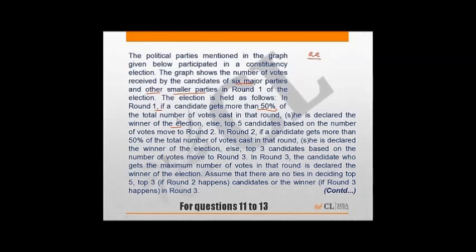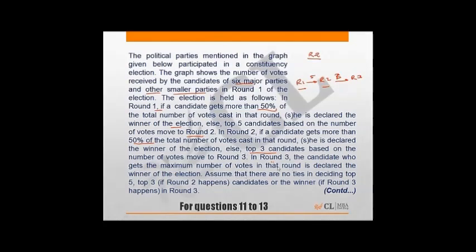Otherwise, top 5 move to the next round. In round 2, again, if you get more than 50%, you win. If no one gets more than 50%, then the top 3 move to the next round. So from round 1 to round 2, 5 will move, and round 2 to round 3, 3 will move. That is assuming no one gets 50% or more in either round 1 or round 2, then round 3 will be only for the top 3 candidates.